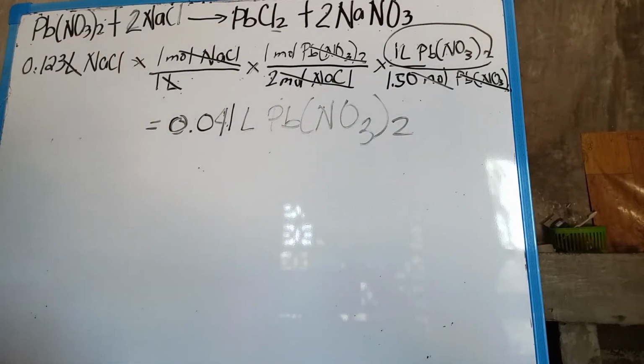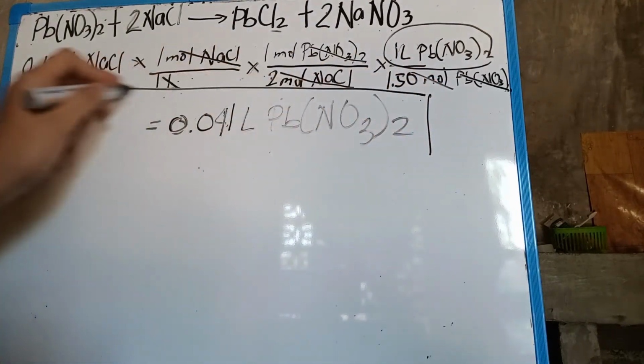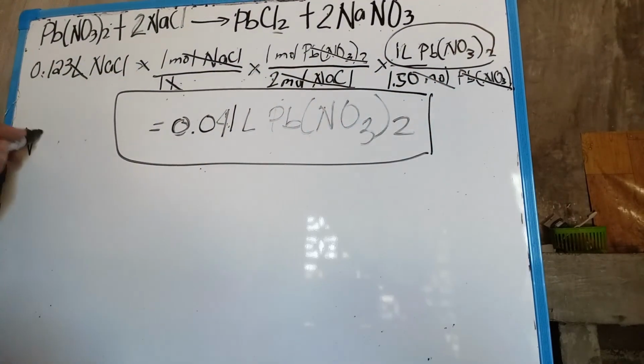That is our process in class. Here is our answer: 0.041 liter of lead nitrate. So this is our final answer, this is the volume.